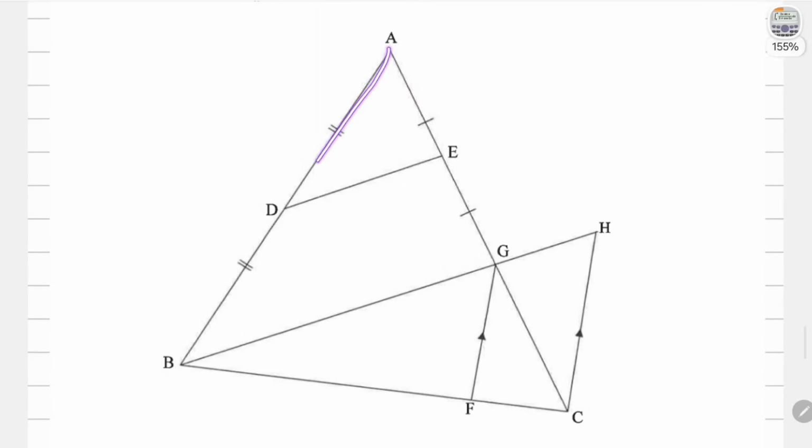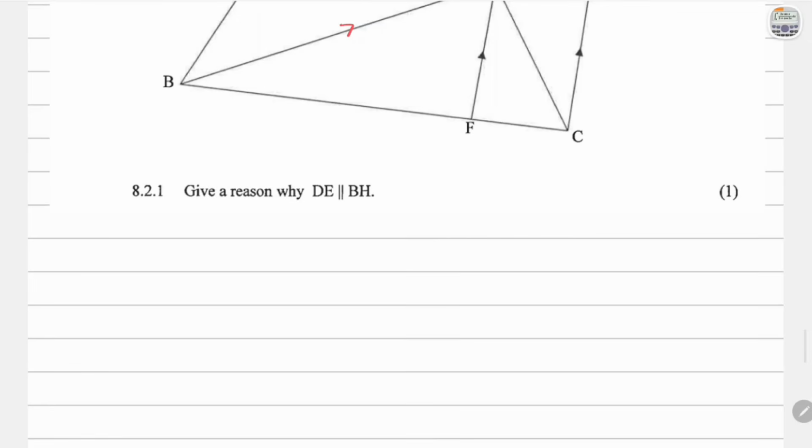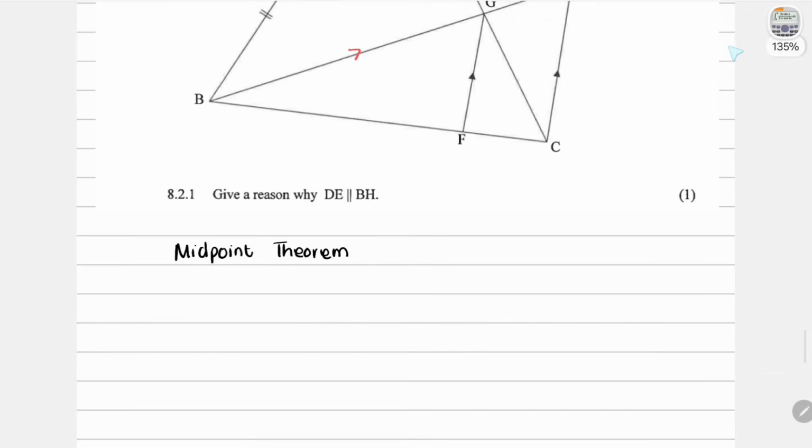Well, looking at this diagram with this triangle over here, you can see that D is the midpoint of AB and E is the midpoint of AG. This is the midpoint theorem that we can use here. Okay, not the converse, the midpoint theorem. The midpoint theorem says that if AD is equal to DB and AE is equal to EG, then what we can conclude is that DE is first of all parallel to BG and that BG is equal to twice the size of DE. So the main reason they are parallel is because of the midpoint theorem. And that is our answer.